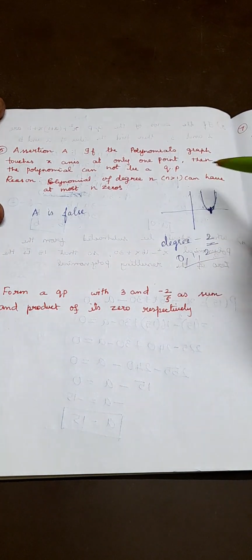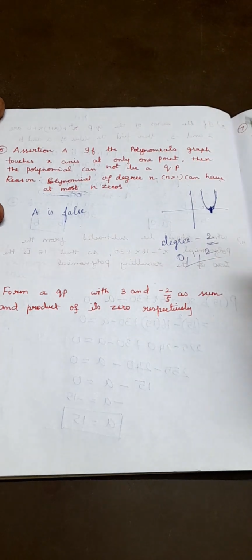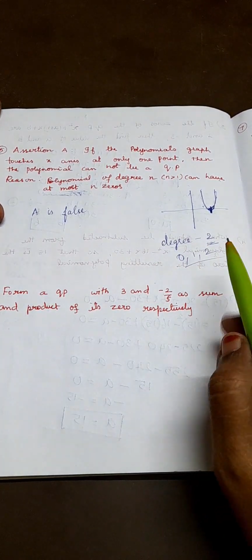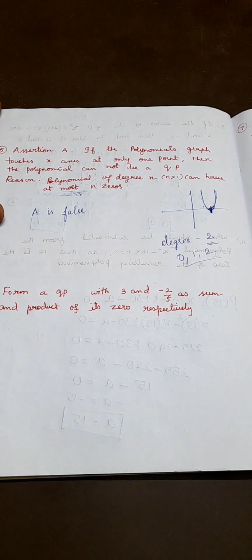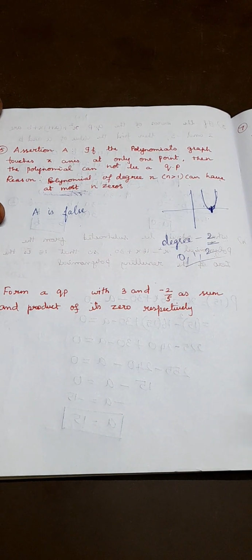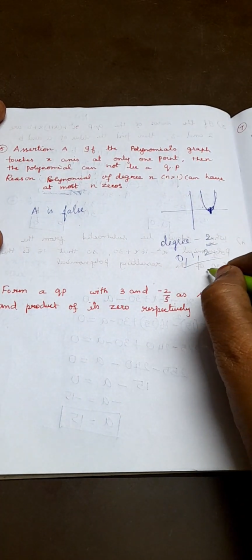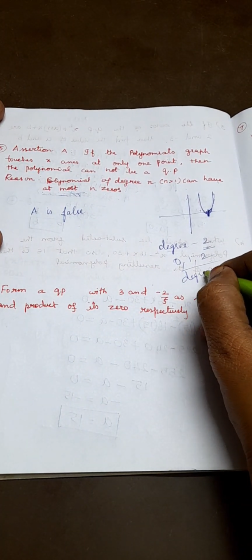Assertion is false. Reason: a polynomial of degree n can have at most n zeros. It is correct. If the polynomial is of degree 2, that is you take a quadratic polynomial, it can have no zero, 1 zero or 2 zeros like that, right? So a polynomial of degree n. Cubic polynomial means degree 3.